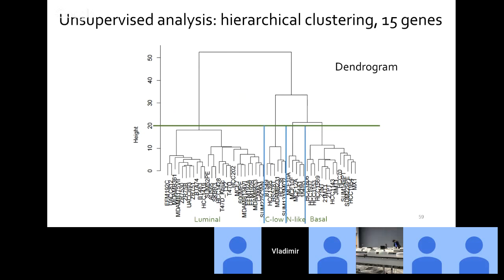The first fact is the following. Even knowing nothing about the existence of different subclasses, existence of different subgroups, we can discover this existence, this separability into subgroups by unsupervised analysis.